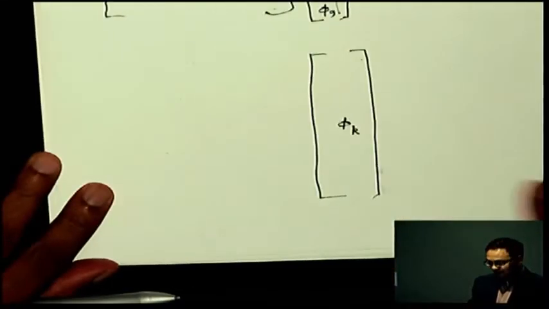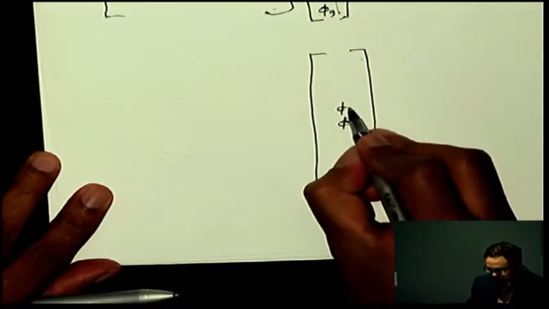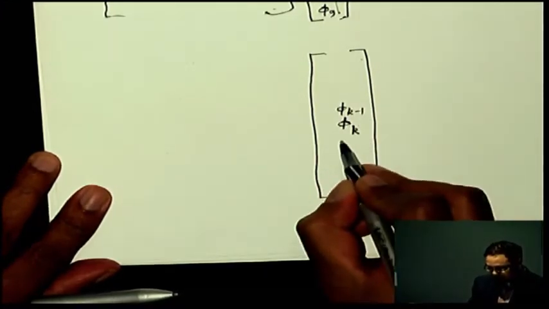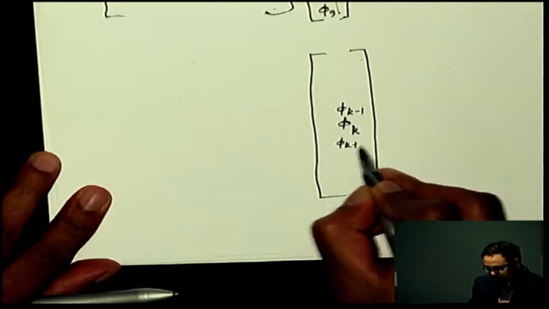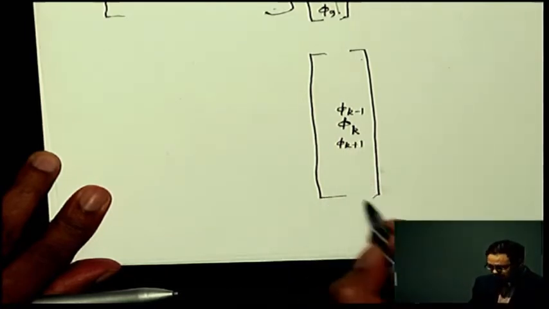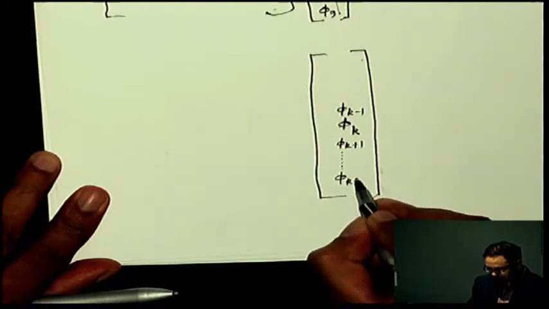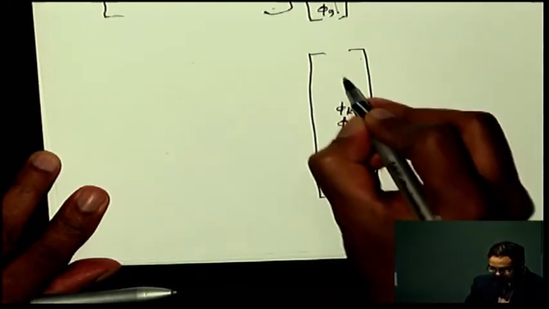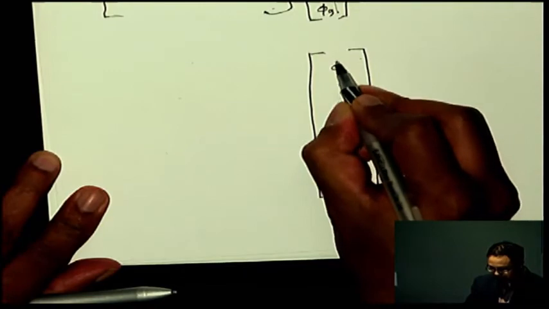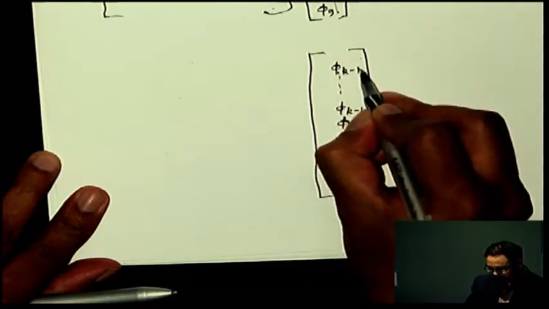The one before it will be phi k minus 1, the one after it will be phi k plus 1. Then there will be a big gap. We will have phi k plus n. By gap I mean there will be other numbers, but those are not relevant.